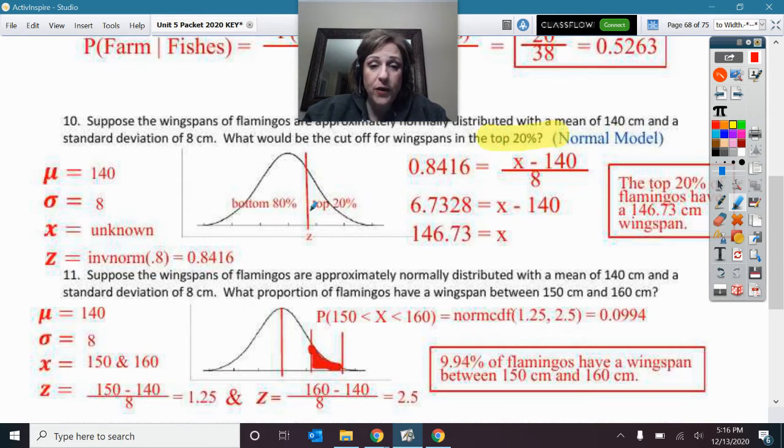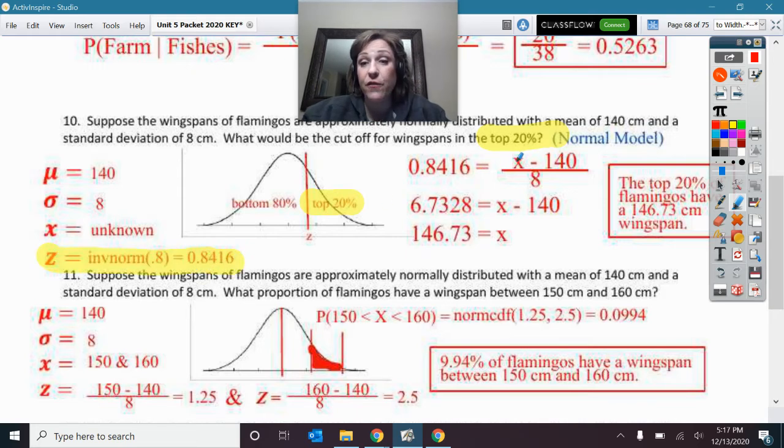So being in the top 20% gives me information where I can find the z-score at this location so that the top 20% is above it and the bottom 80% is below it. So that's inverse norm of 0.8. So that's the z-score, okay? And so that was really important.